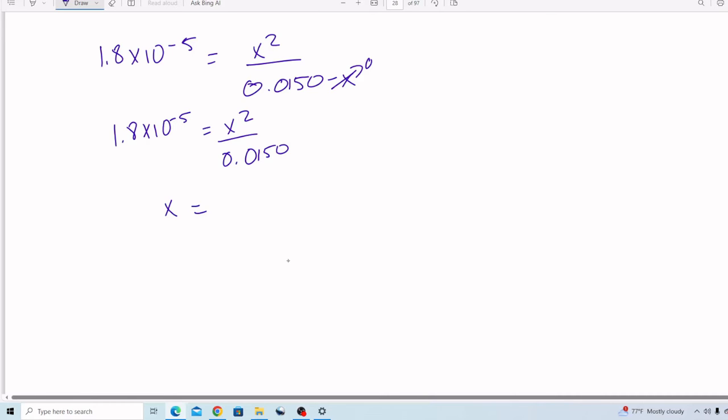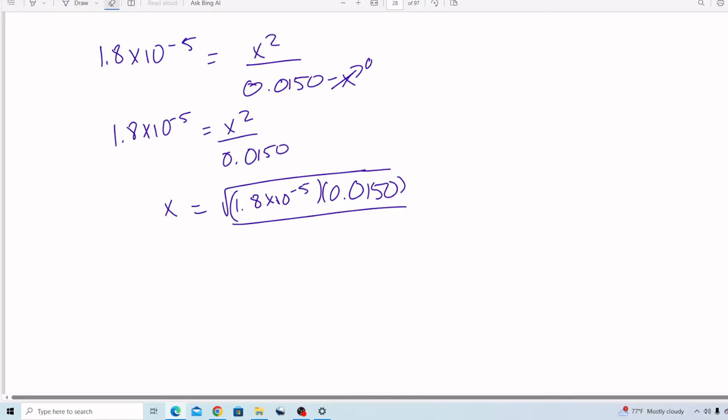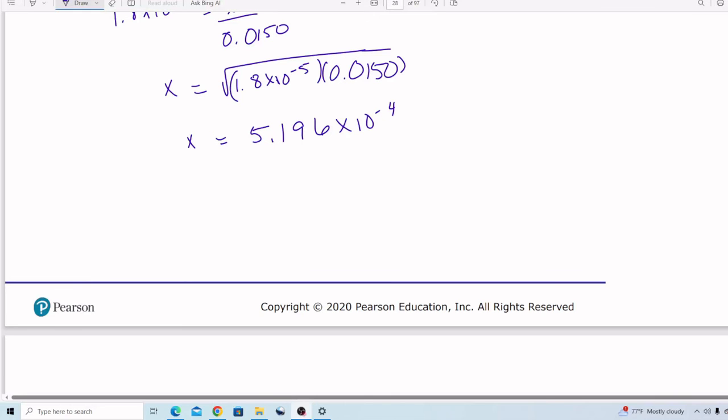So X is equal to the square root of 1.8 times 10 to the minus fifth times 0.0150, and so X is equal to 5.196 times 10 to the minus 4.